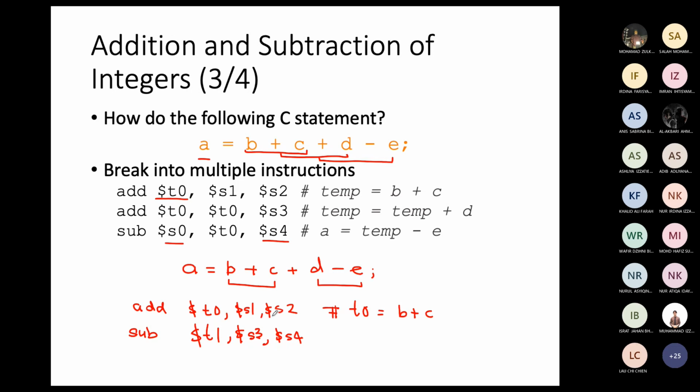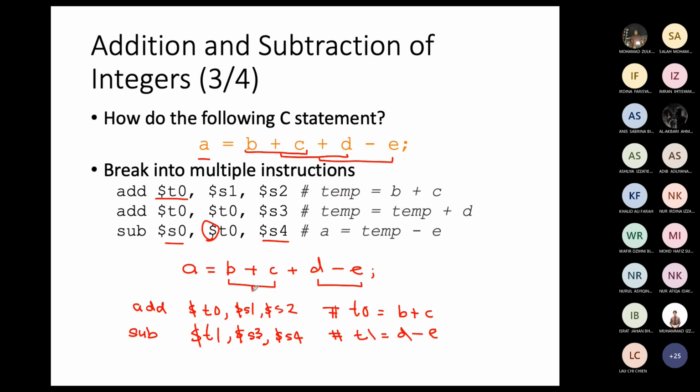When you try to compile it, it will give you an error. So remember, all registers must have a dollar sign. The C++ representation is T1 is equal to D subtract E.